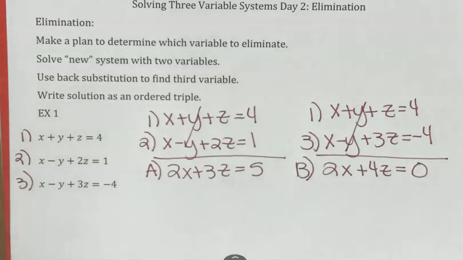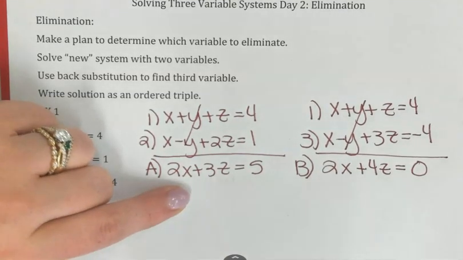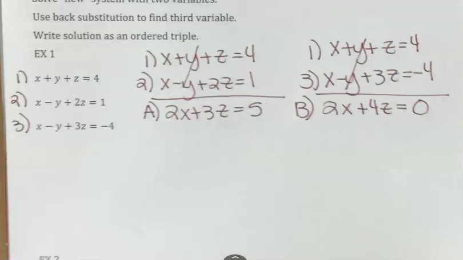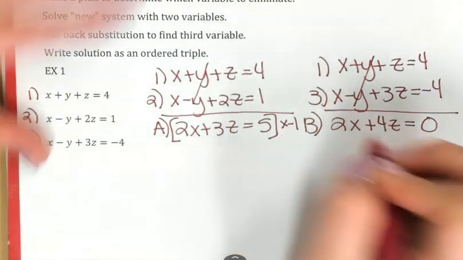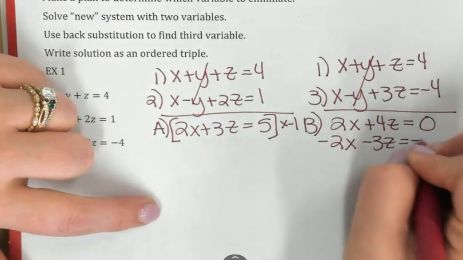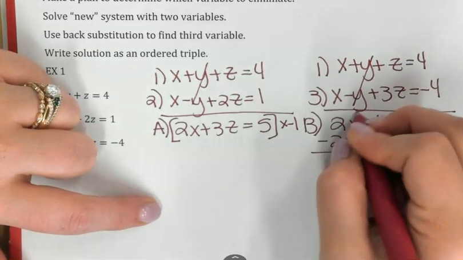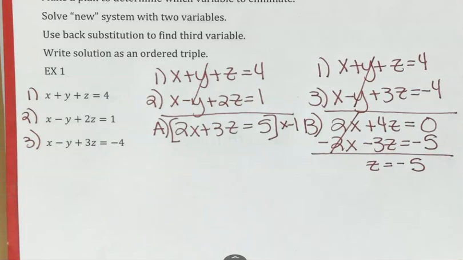Now I've got equations A and B, and you can do substitution or elimination. I'm going to do elimination because my x's, I've got 2x and 2x. So if I multiply equation A by -1, I'll get -2x minus 3z equals -5. My x's will cancel, and I get that z equals -5.